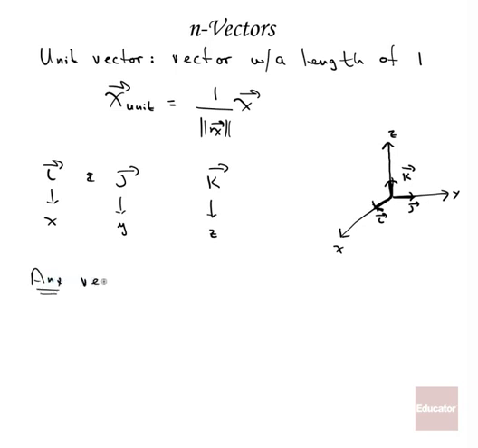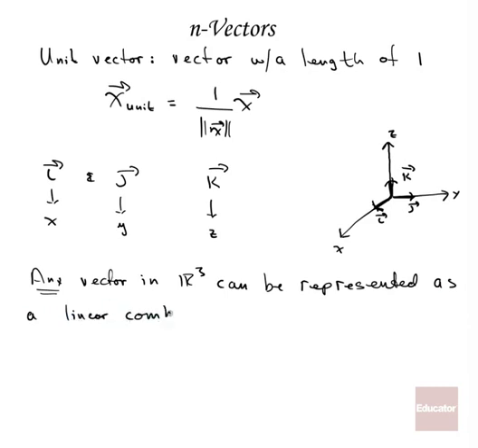Any vector in R3, 3-vector, 3-space, can be represented as a linear combination of the vectors i, j, and k.